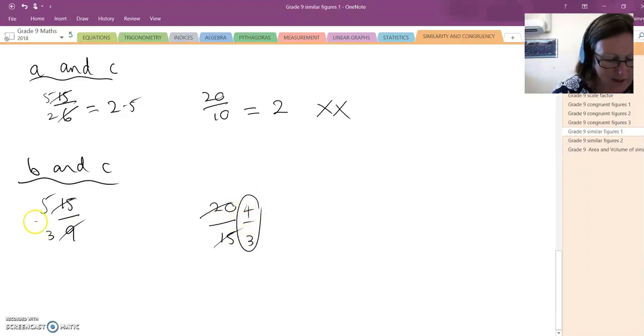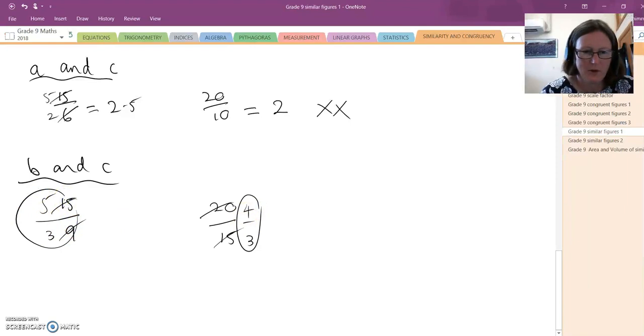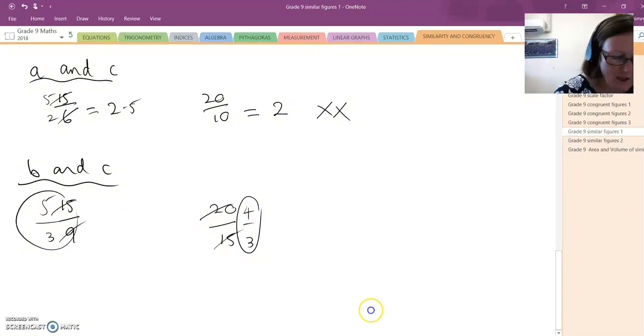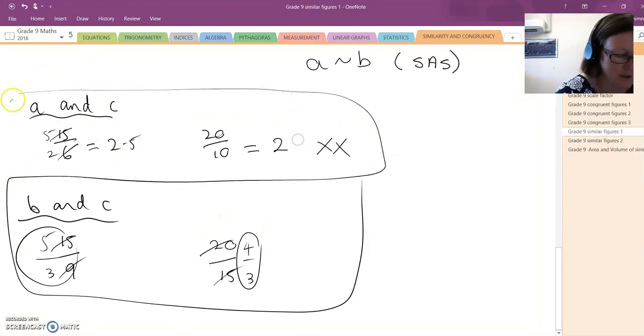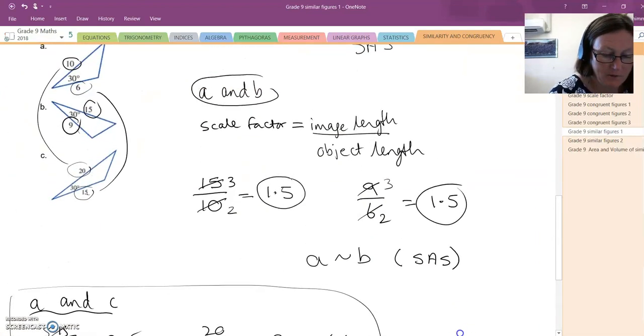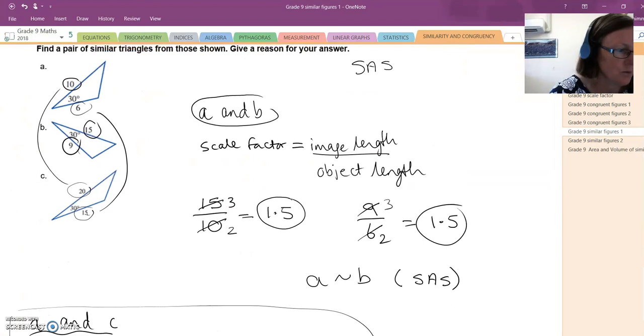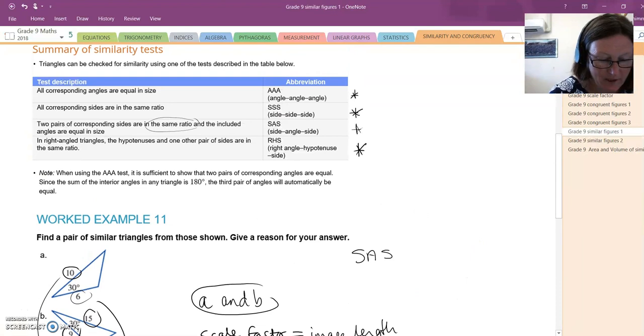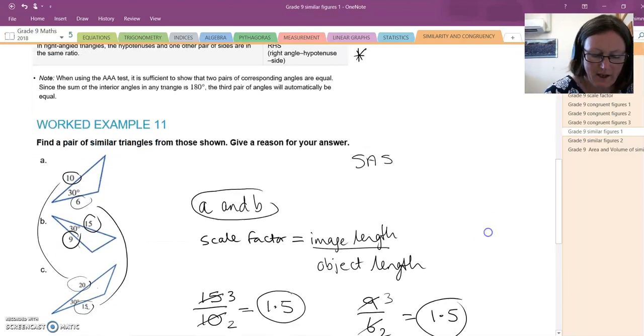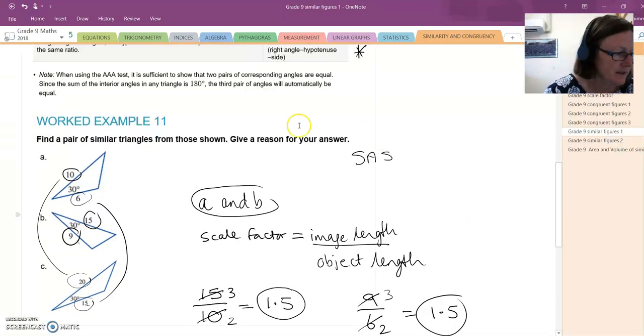So 4 over 3 and 5 over 3 are not in the same ratio. So what I've shown there is that A and C are not similar and B and C are not similar. But A and B, they are. The rule is the SAS rule. And let's go back and read that again. Two pairs of corresponding sides are in the same ratio. In other words, they have the same scale factor, and the included angle is equal.